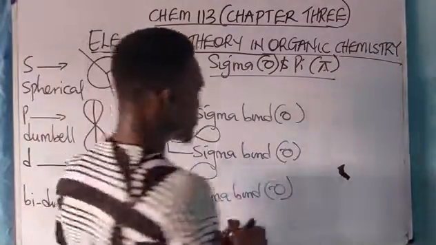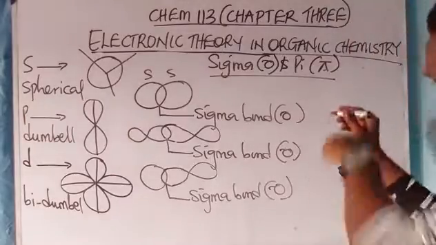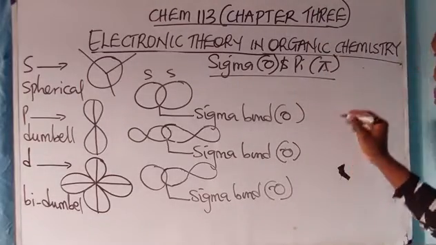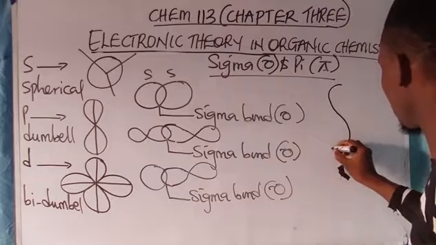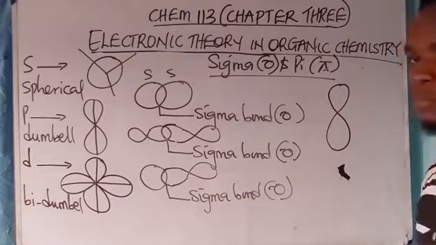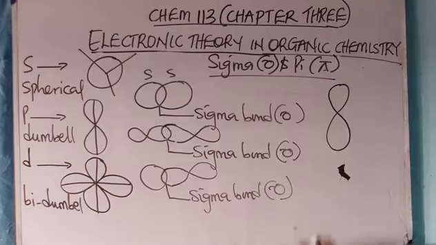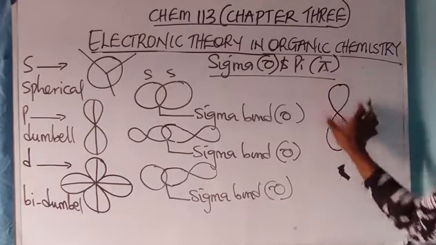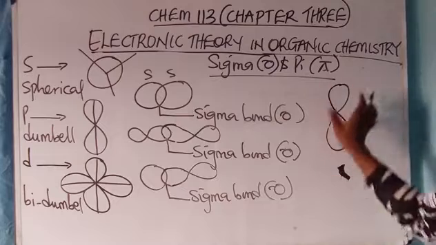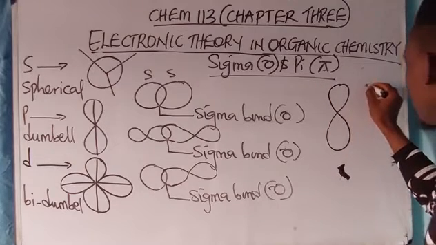If I have one p orbital like this, the lateral combination of two parallel p orbitals.